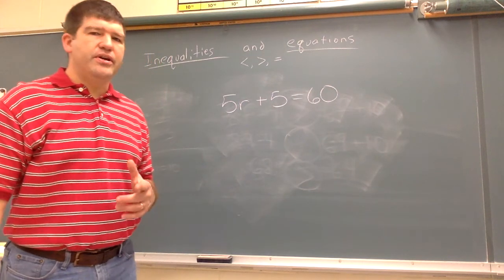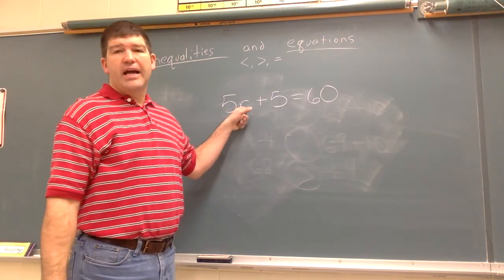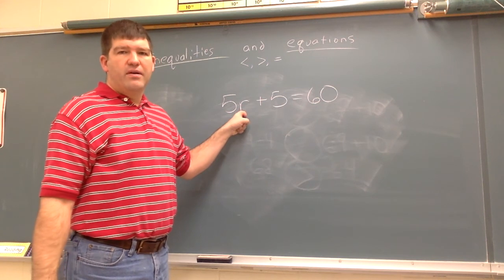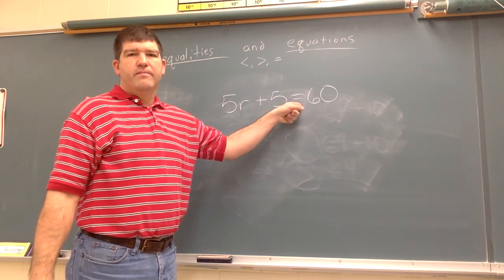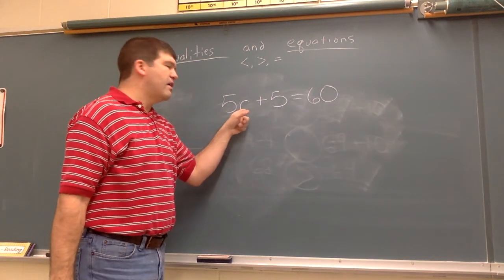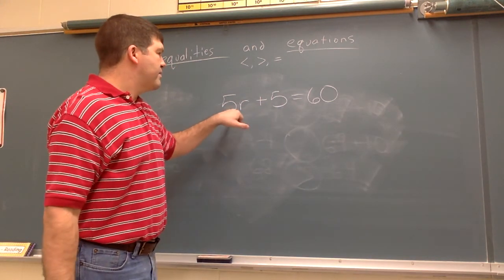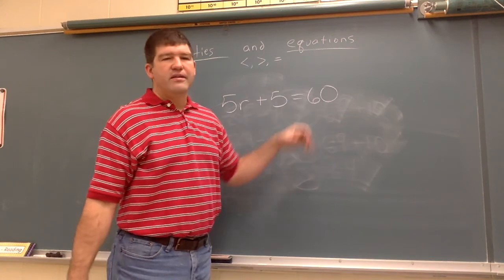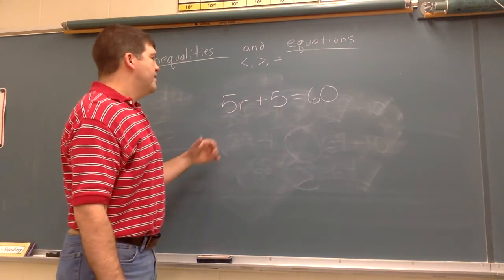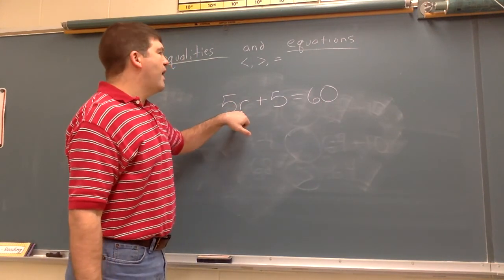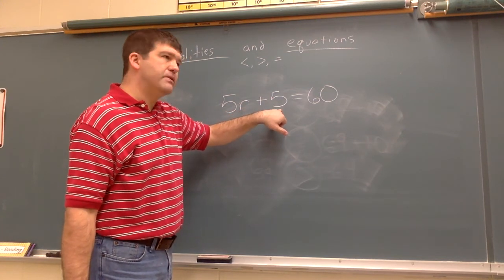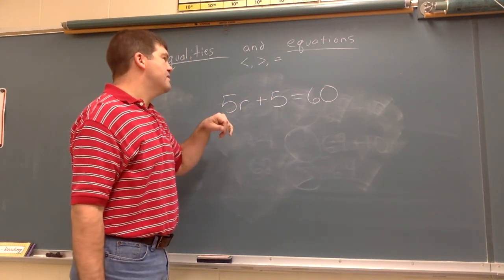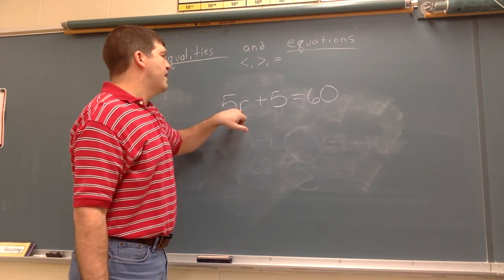So I could kind of guess and check what r is going to be to make this a true statement. So I could go, let's see, if r is 1, then that's 5 times 1 is 5, plus 5 is 10. Nope, it's got to be more than 1. What if it's 5? 5 times 5 is 25, plus 5 is 30. No. What about 10?